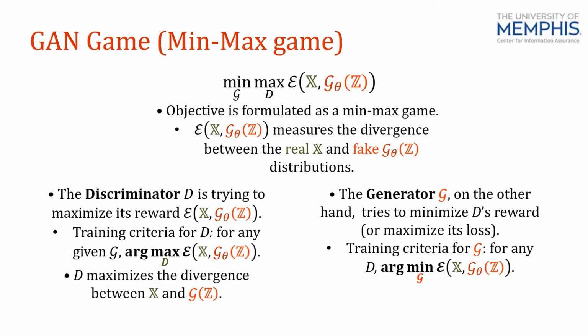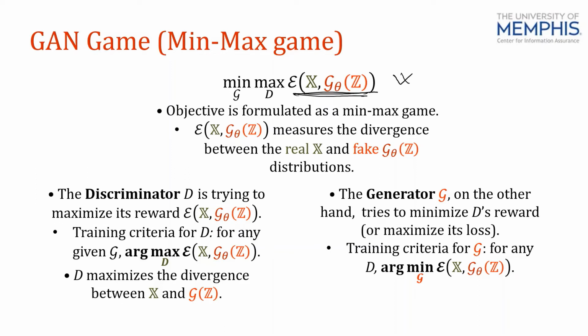The generator in a generative adversarial network tries to minimize the discrepancy between the original and the fake distribution. Why? Because the goal of the generator is to fool the discriminator. However, the discriminator wants to maximize this discrepancy because it helps the discriminator to uniquely identify fake samples as well as real ones.